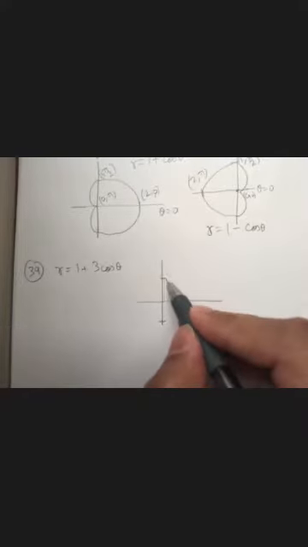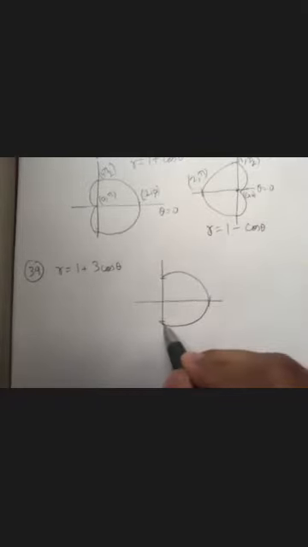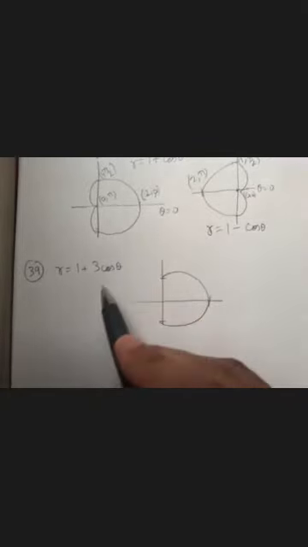We will determine what these points are. The only difference is that 1 plus cos theta becomes 1 plus 3 cos theta.